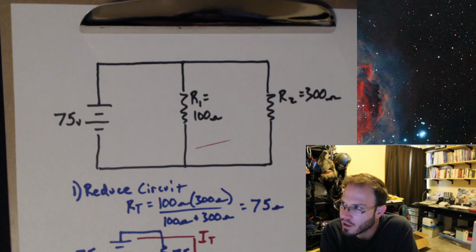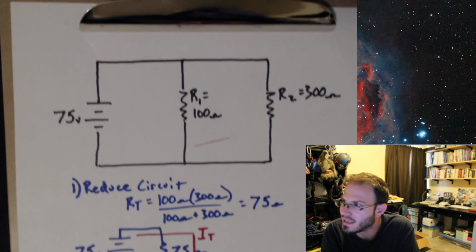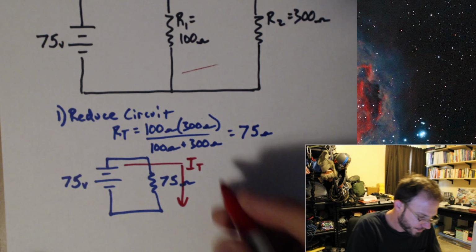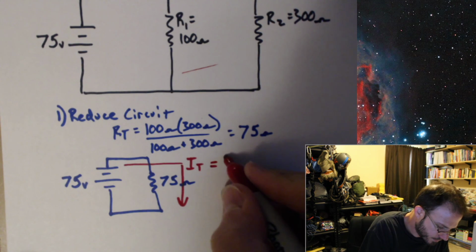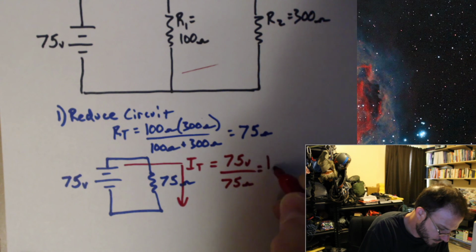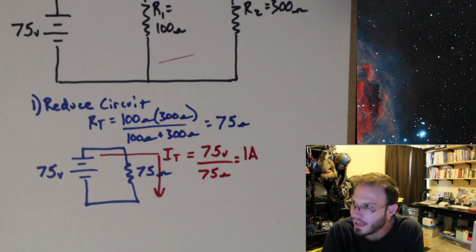We just use Ohm's law for that. We know the voltage applied and we know the resistance, so we only have one quantity to solve for. So IT is equal to 1 amp.